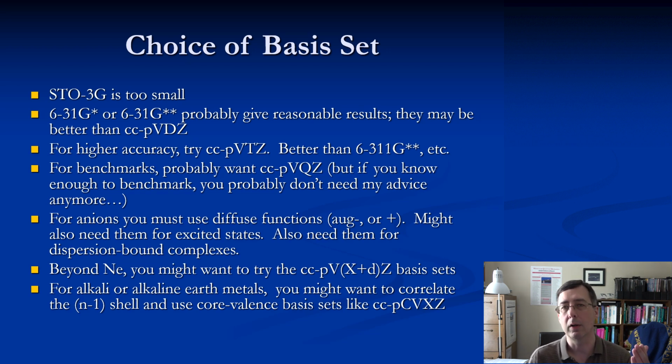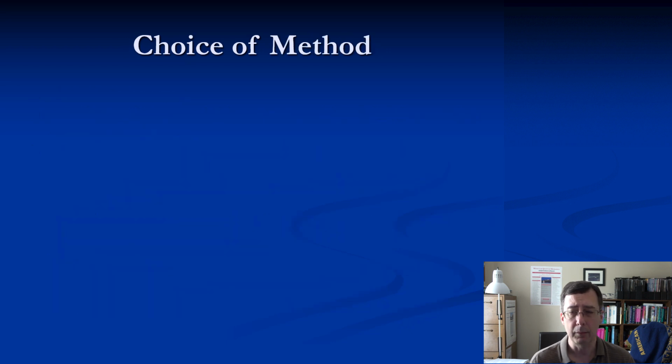And if I do want to correlate those, and I'm doing some post-Hartree-Fock method, for example, then I need the correlation consistent polarized core valence XZ basis sets where the C denotes core correlating functions. And I need functions that are the appropriate size if I'm trying to get these core valence correlation effects in. I would also want to use those if I'm just going for high accuracy and comparing to some spectroscopic experiment.